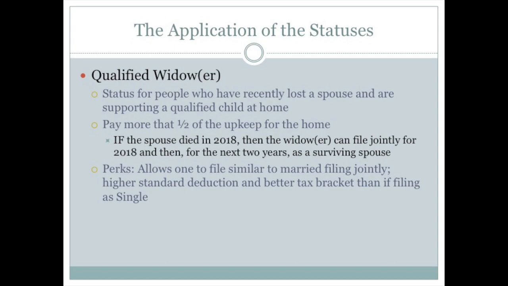If the spouse died in 2018, then the widow or widower can file jointly for 2018 and then for the next 2 years as a surviving spouse. The perks of the widow status allow one to file similar to married filing jointly. The qualified widow or widower may find a higher standard deduction and better tax bracket than if filing as single.